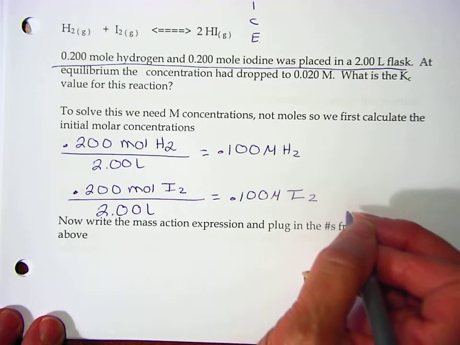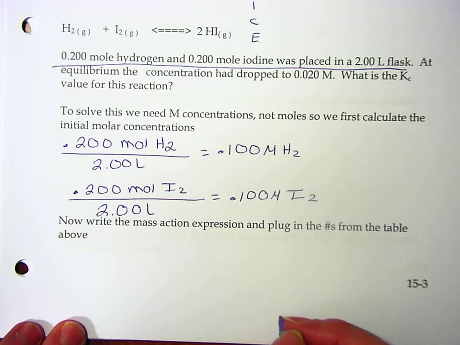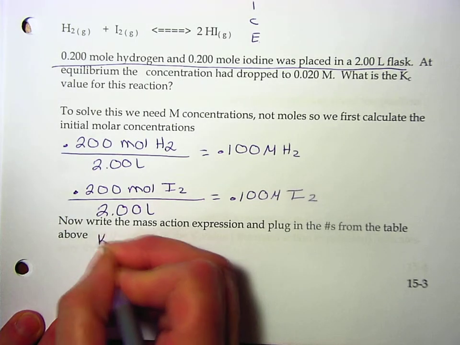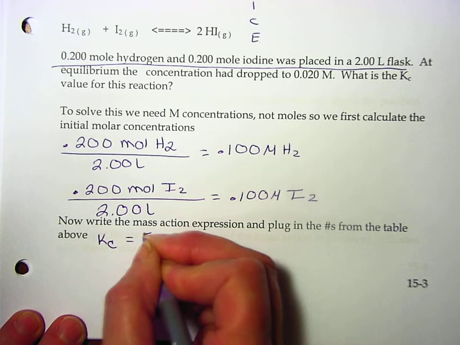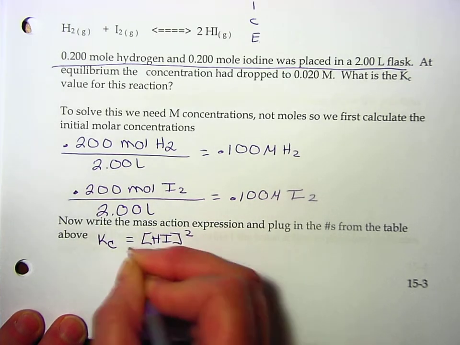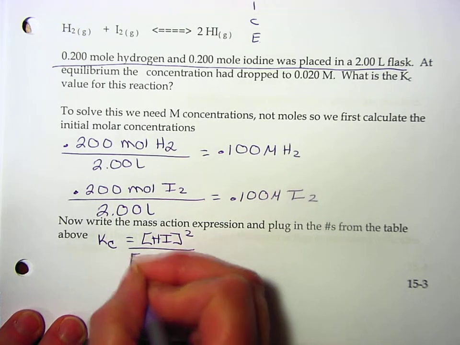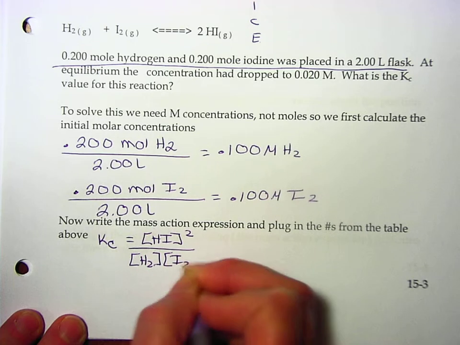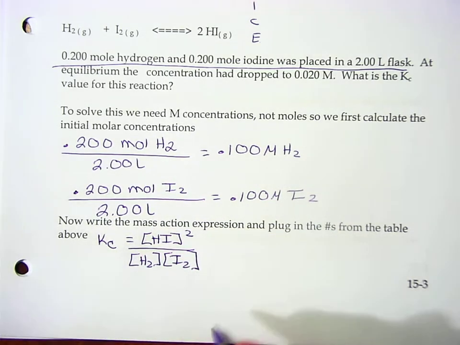So now we'll go ahead and write out the mass action expression and plug in the numbers after we fill out our table. We know that K sub C is going to be equal to the hydrogen iodide concentration squared divided by the hydrogen concentration times the iodine concentration. So now we have to figure out how we're going to use our table to fill this in.